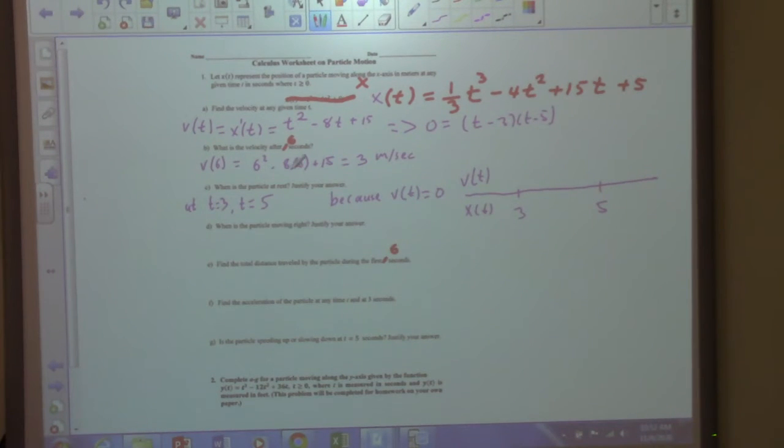For less than 3 we have negative times a negative, which is positive. Between 3 and 5, it's negative, and greater than 5 we have positive. So when is the particle moving to the right?